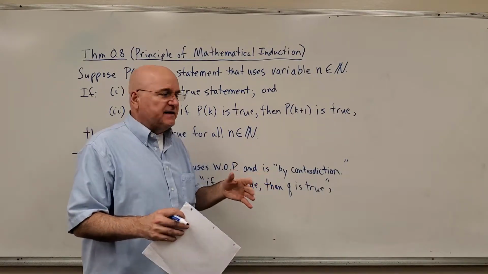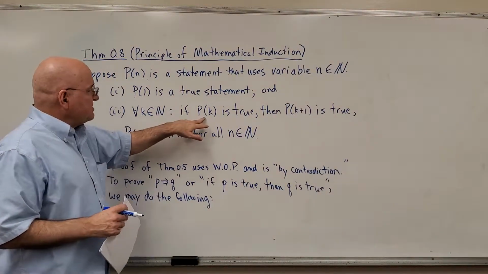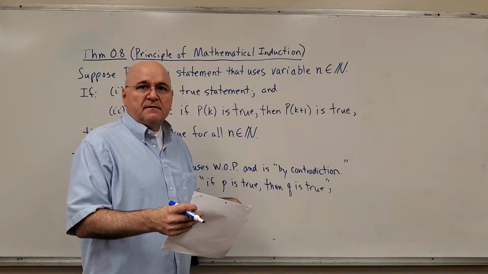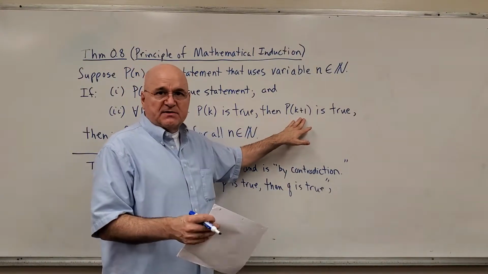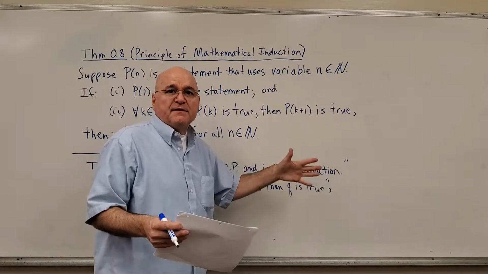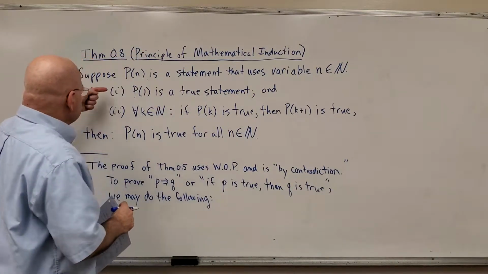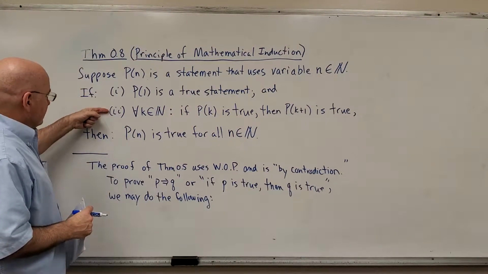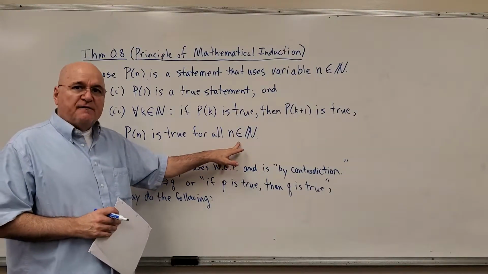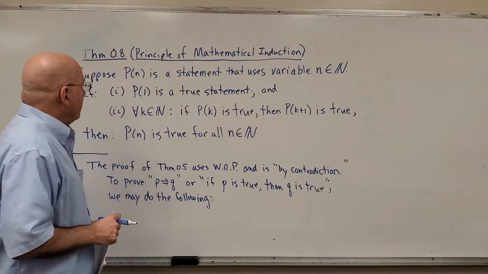You arbitrarily pick the value of k, and you assume that Pk is true. Using that, you see if you can deduce that Pk plus 1 is true as well. So it could be very, very simple. Maybe a few algebra statements is all you might need to do. So if that's true, and this is true, then Pn is a true statement for all of the natural numbers n.